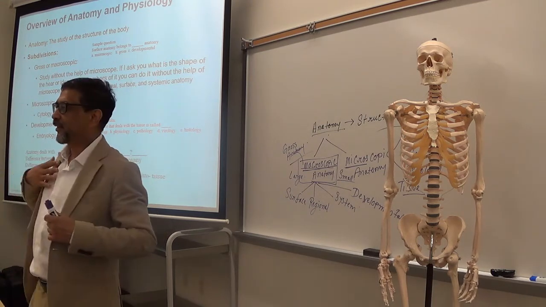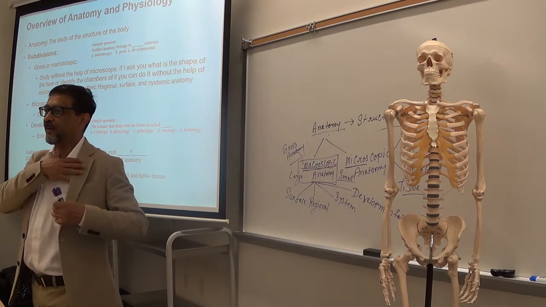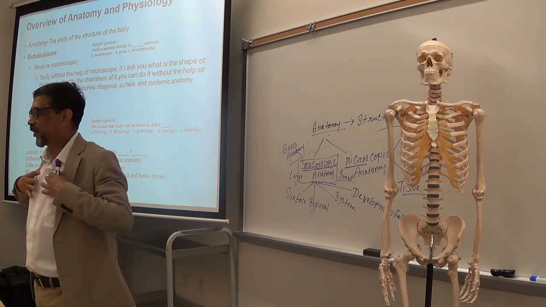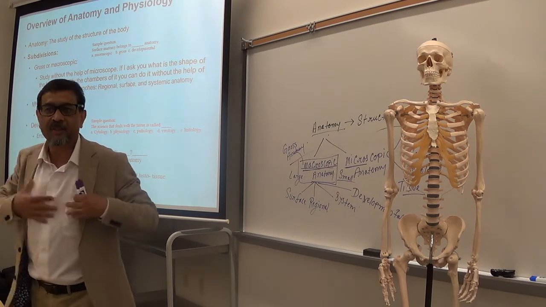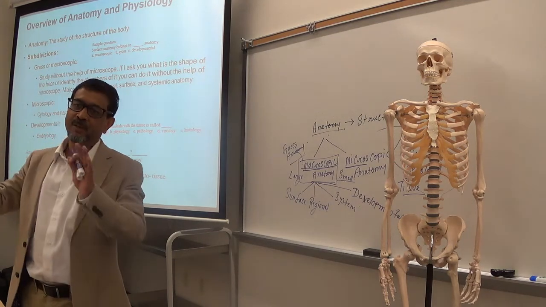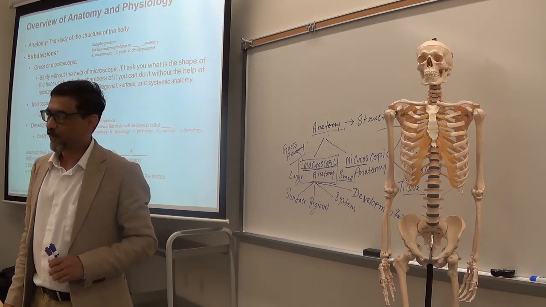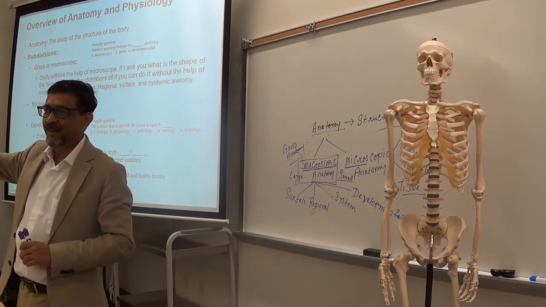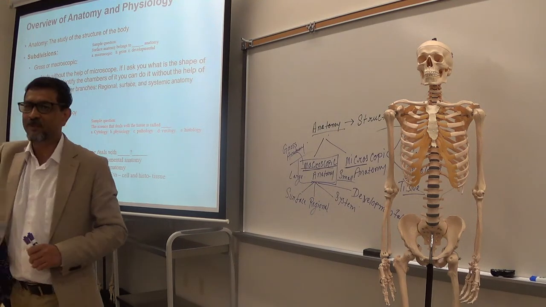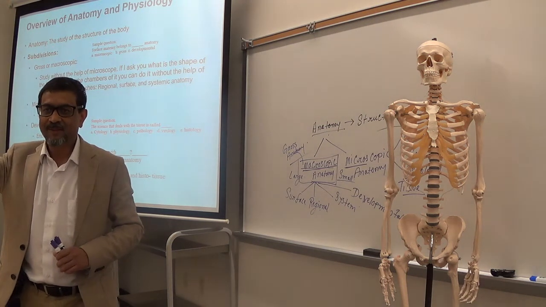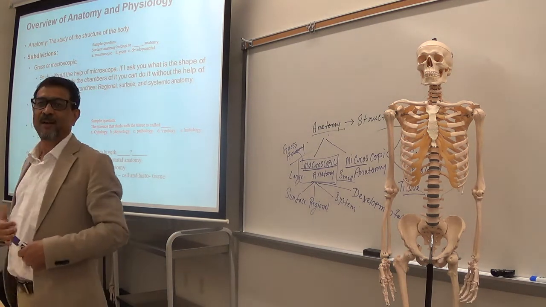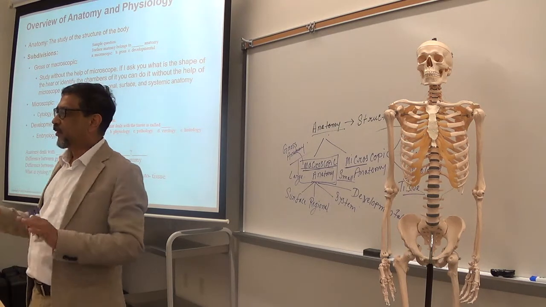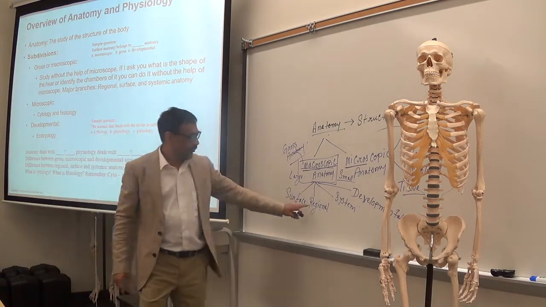If any anatomist decides, I'll only study the structures of this region of the body, that is called regional anatomy. So as you go to upper levels, you'll see books, like head and neck anatomy. There is a big book, okay? Or abdominal anatomy. Make sense? So that is regional.